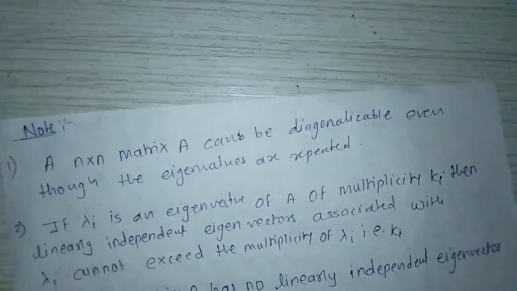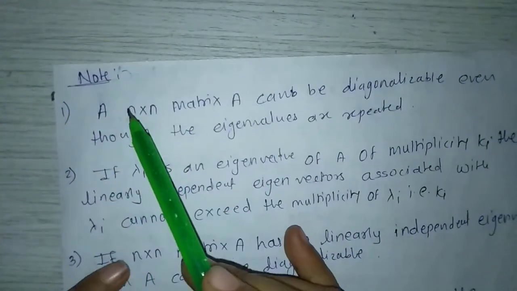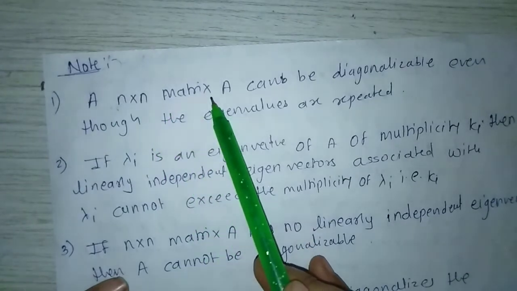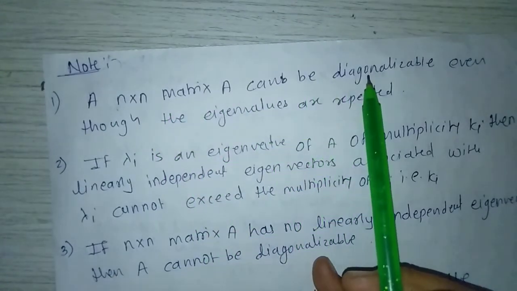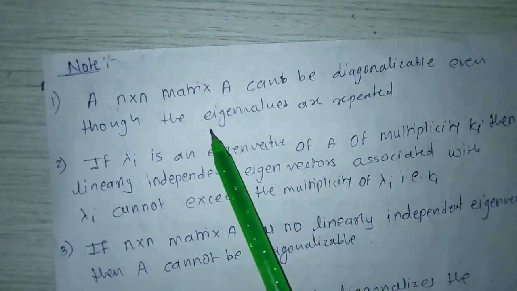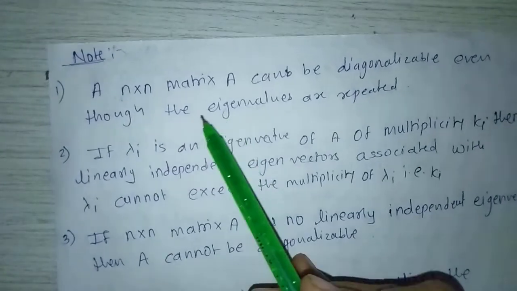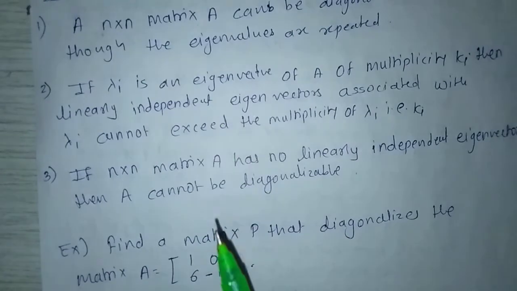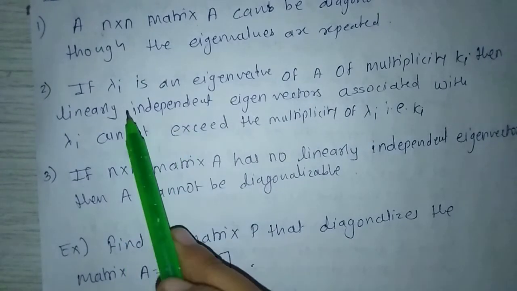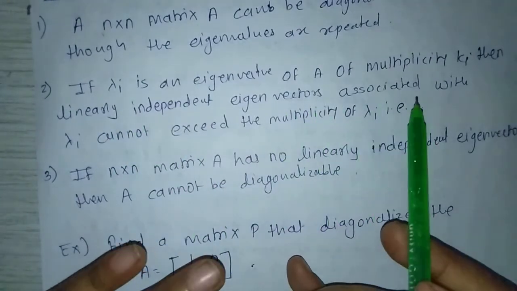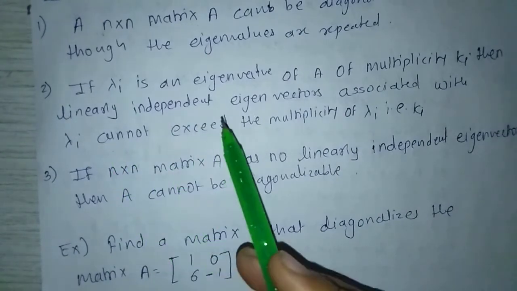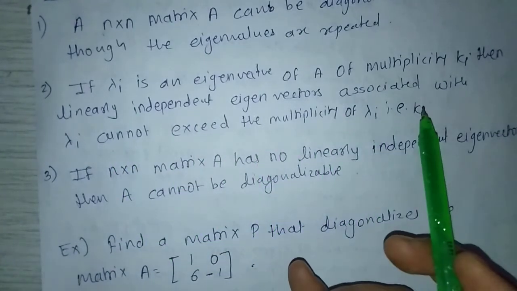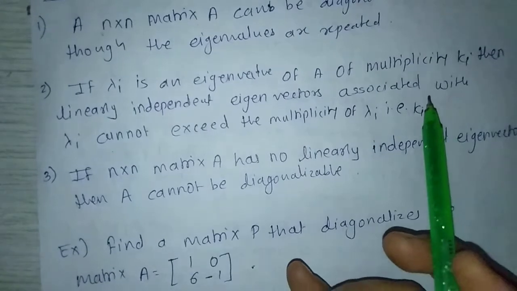Next, note. First, an n by n matrix A can be diagonalizable even though the eigenvalues are repeated. Second, if lambda i is an eigenvalue of A of multiplicity ki, then the linearly independent eigenvectors associated with lambda i cannot exceed the multiplicity of lambda i, that is ki.